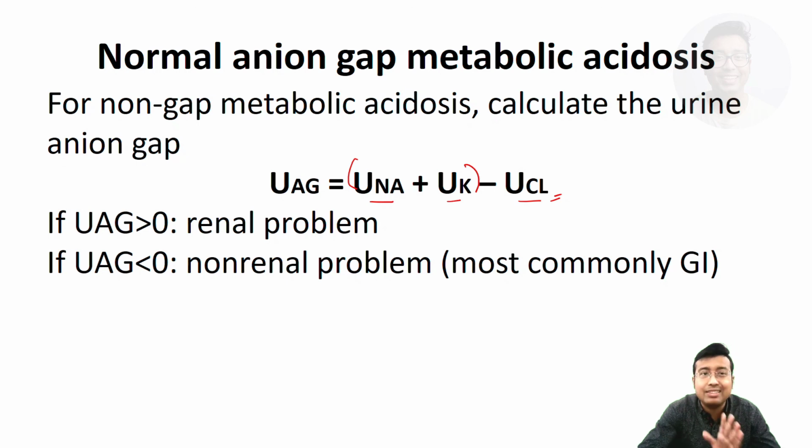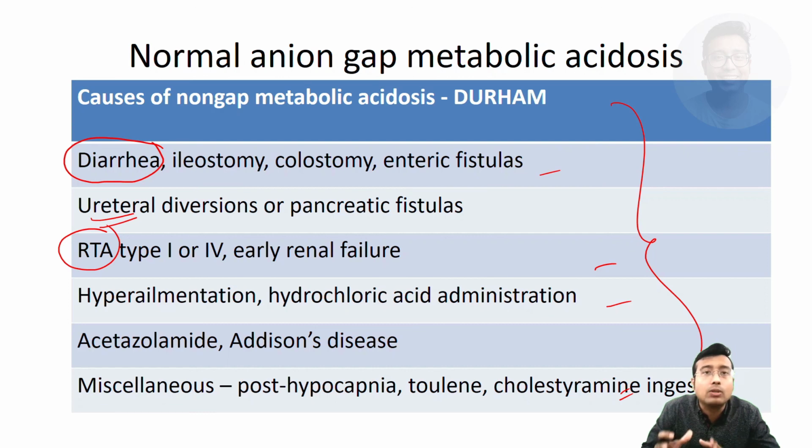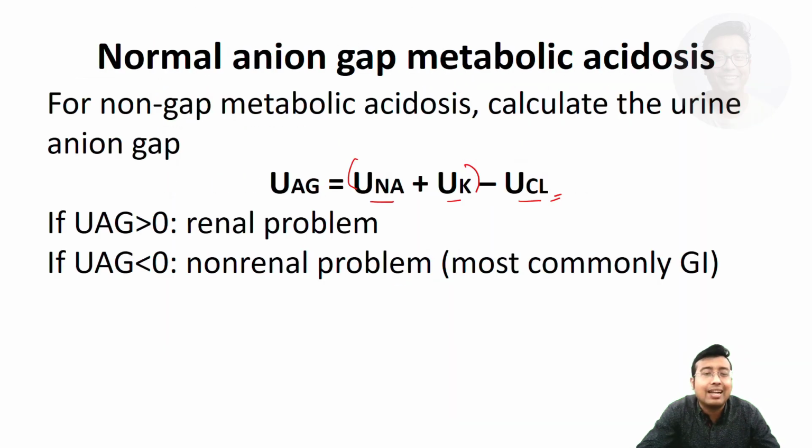Generally, for normal anion gap metabolic acidosis, there is a renal component and there are multiple metabolic or GI components. So, kidney or gut, right? We know that both can lead to non-anion gap metabolic acidosis. So, if we calculate the urinary anion gap to be positive, it is a renal problem, and if urinary anion gap is negative, it is a non-renal problem.